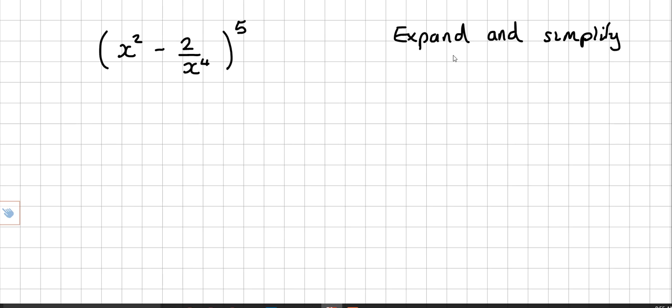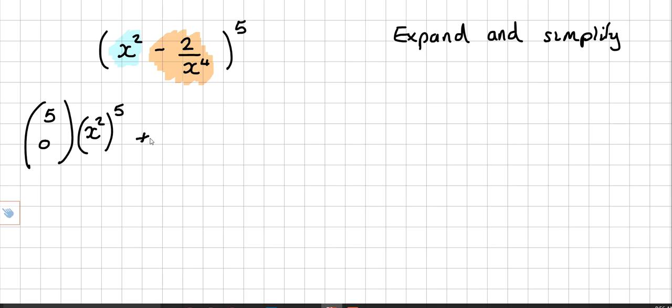So basically, we've got the a term is x squared. The b term is minus 2 over x to the power of 4. So when we do our expansion, we have 5, 0, and then it's x squared to the power of 5.